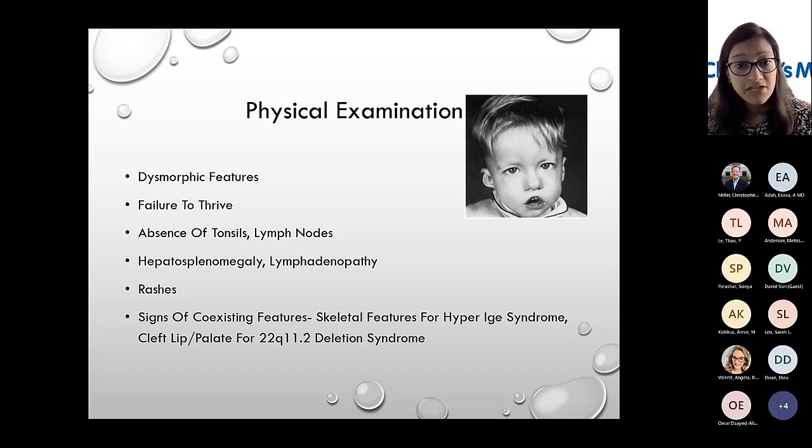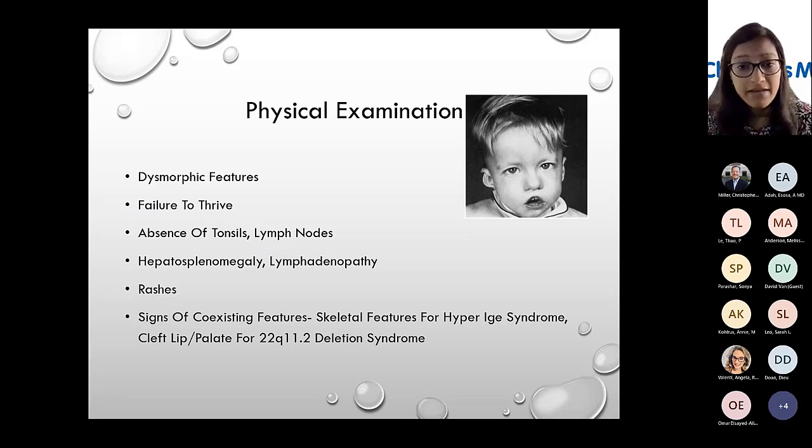You might see some rashes that might make you think of specific immune defects such as Omenn syndrome or Comel-Netherton syndrome, or there can be symptoms that are part of a syndrome or immune defect, such as hyper IgE syndrome. Job syndrome can present with skeletal features and coarse facies. That's a part of it.